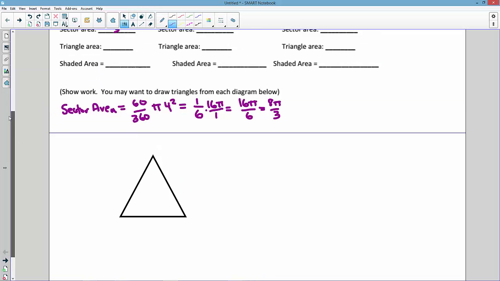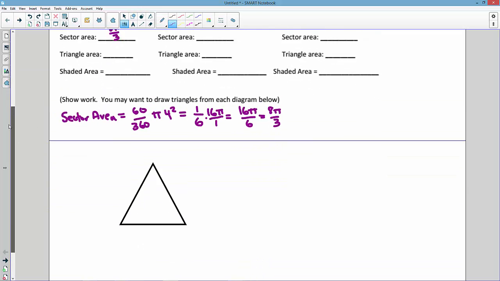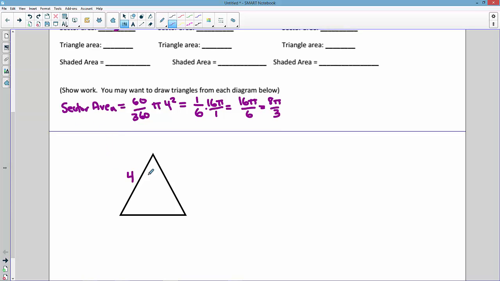And we'll use the actual dimensions in our problem here. It is 4. It is 4. So it's 4 by 4 by 4. But the base is going to be split into 2 and 2, because we have to draw an altitude. That's the key here. We have to draw an altitude right through the middle. There's a right angle here. We know all the angles are 60, so this angle here is 60.